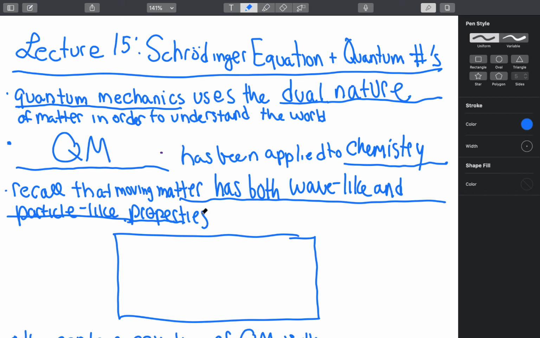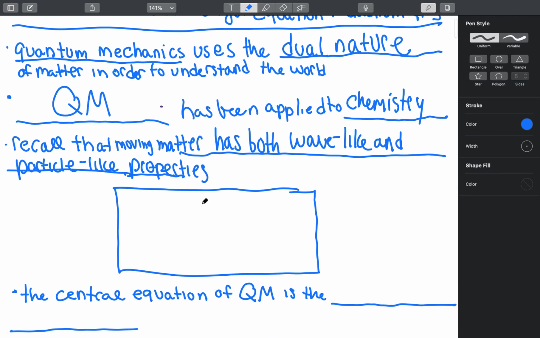And we showed this through the de Broglie relationship, or the de Broglie wavelength equation, where the wavelength is equal to Planck's constant over mv, which is equal to Planck's constant over the momentum. And we talked a lot about this in the last video, so if you are confused about that, please go to lecture 14, where we talk a great deal about this equation, and we actually derive it as well.